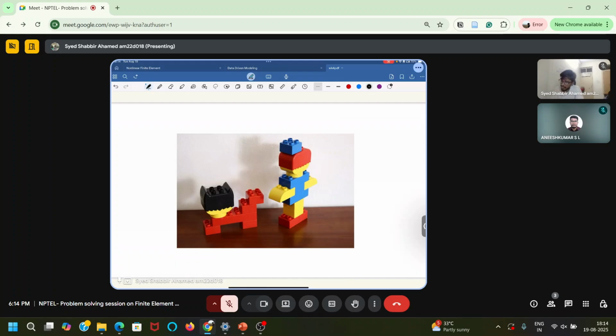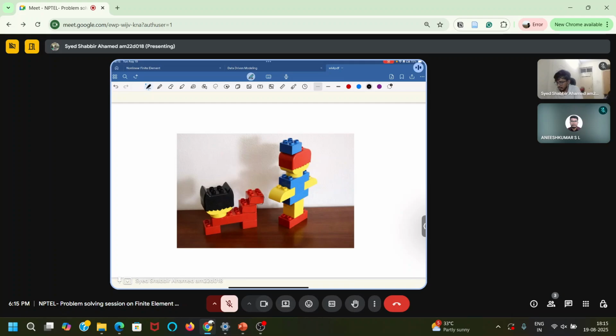You can have building blocks. We take all these building blocks and we make this Lego model or this structure. Each block you can call an element of this.